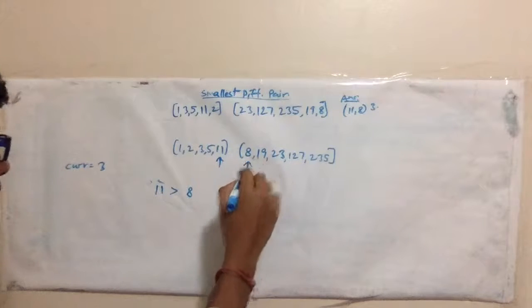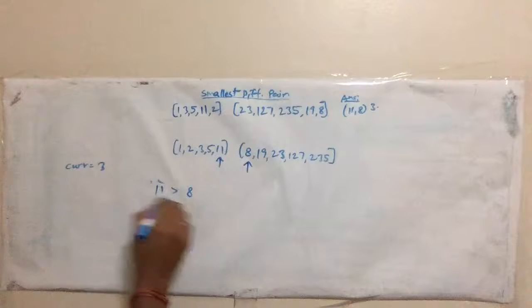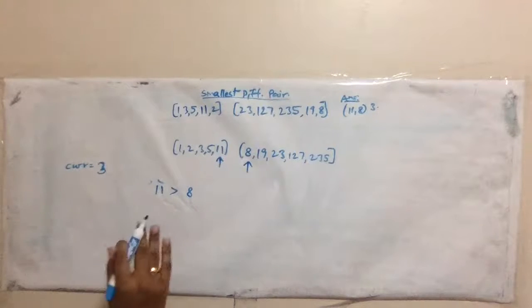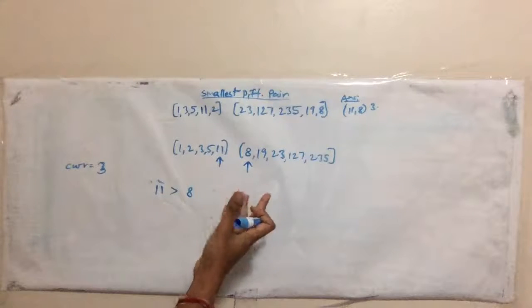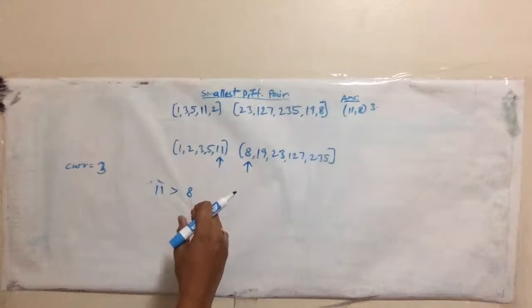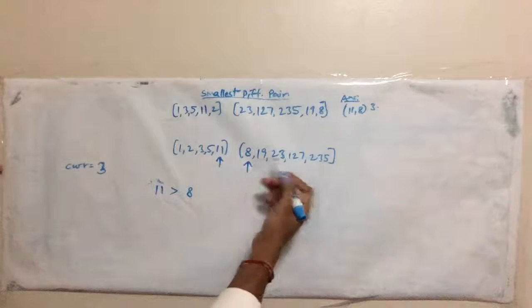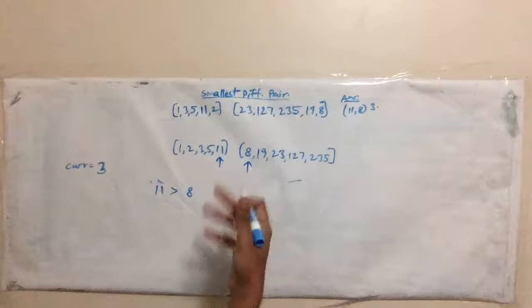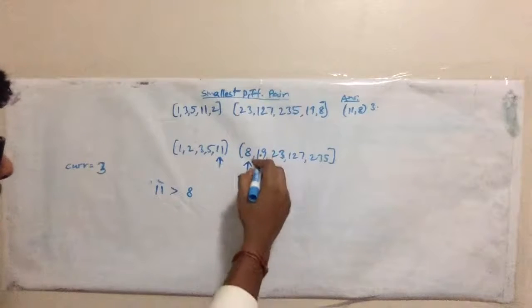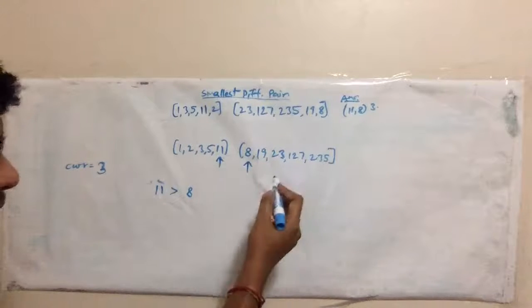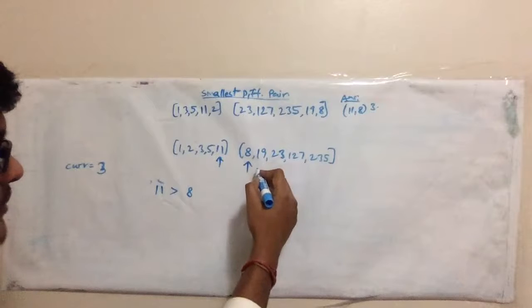So we got 11 and 8. 11 minus 8 is 3. So we stored that, but we don't know whether we can get a smaller difference or not, because the next numbers may not be in a position to give the smaller difference. They might be larger numbers too, but in some cases it can be smaller.